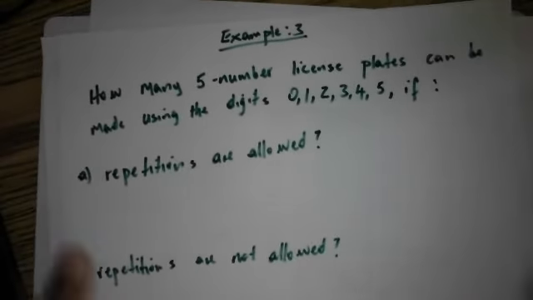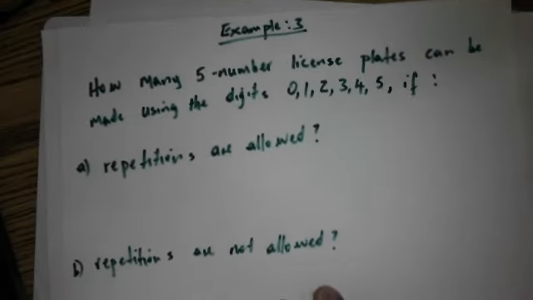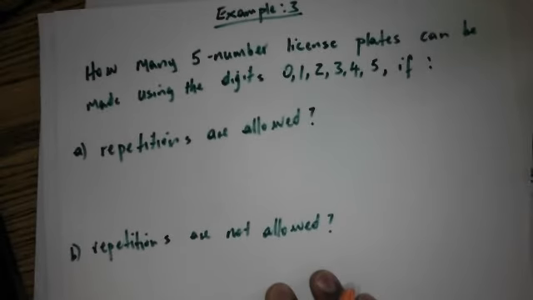Let's look at one final example just for practice sake. Okay, so example 3, it says how many five number license plates can be made using the digits 0, 1, 2, 3, 4, 5 if A, repetitions are allowed, and B, if repetitions are not allowed.